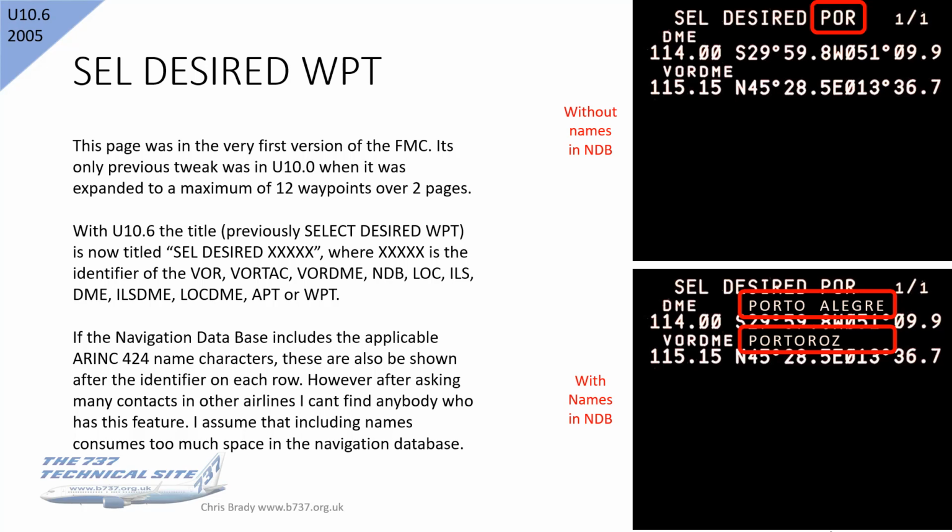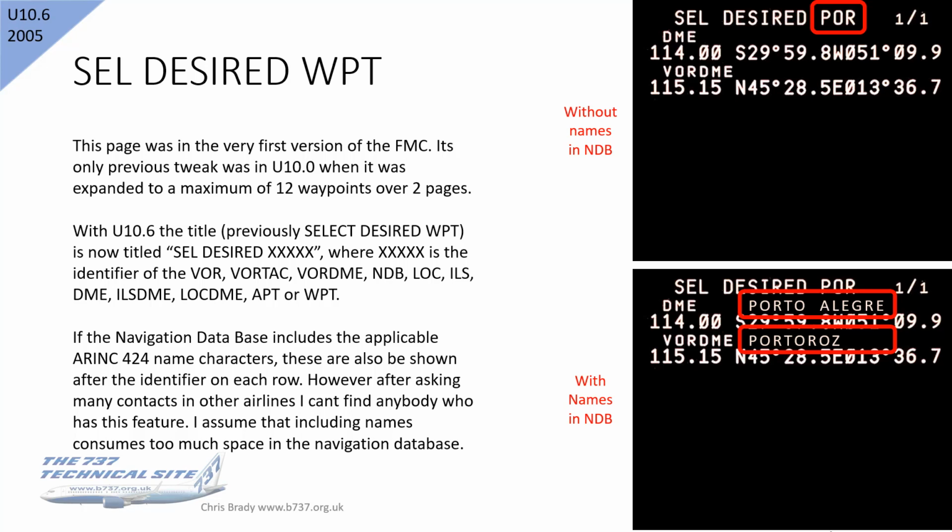But you can see I've mocked it up there, where it actually writes the ARINC 424 name characters, so the actual name of the ident. So Porto Alegre or Porto Ros for the VOR DME, even though the ident for both is Papa Oscar Romeo, they've got a different name.